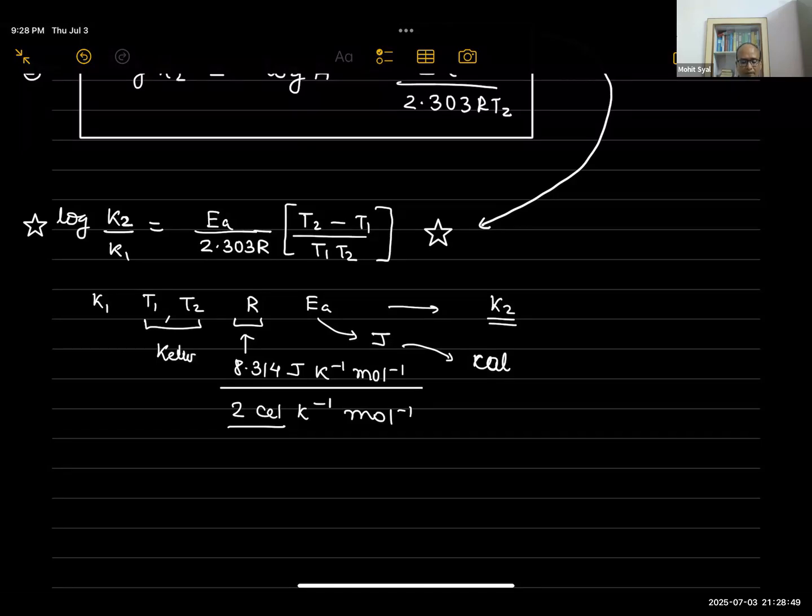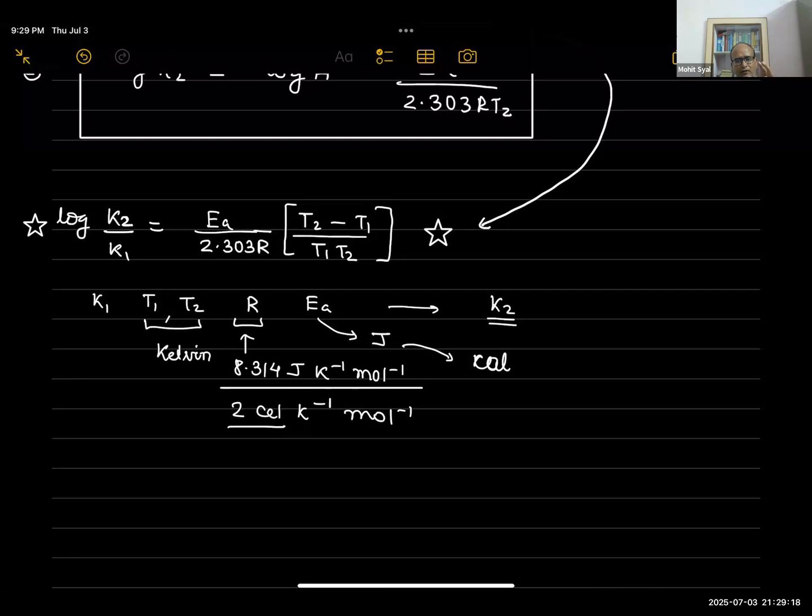So write the formula first. The calculation can be difficult because it involves a lot of multiplications and divisions. So I suggest that you first write the formula so you don't lose the marks. Log K2 by K1 equals Ea by 2.303 R, T2 minus T1 by T1 T2.